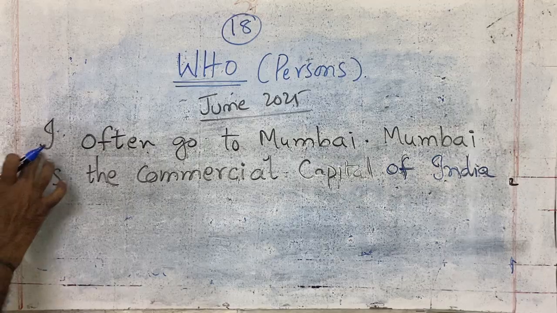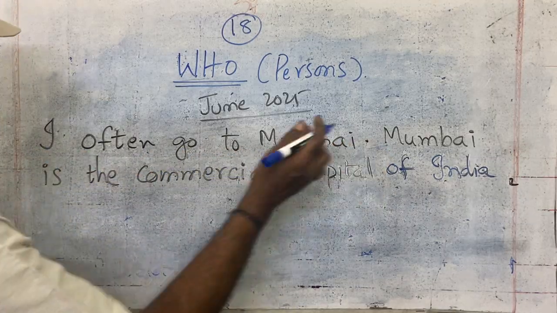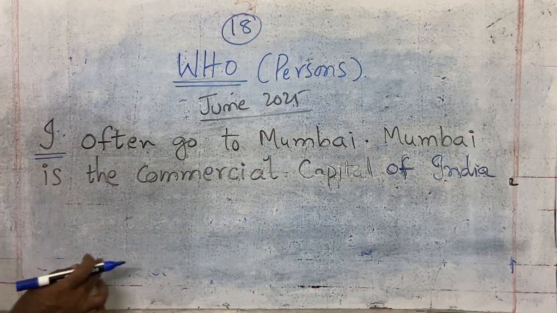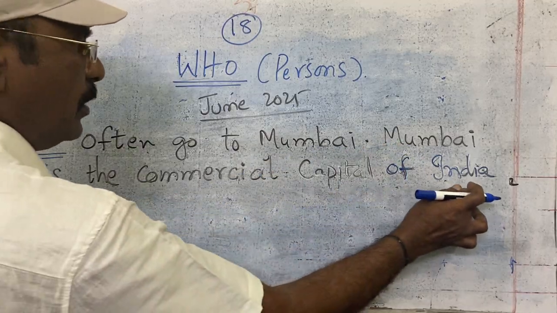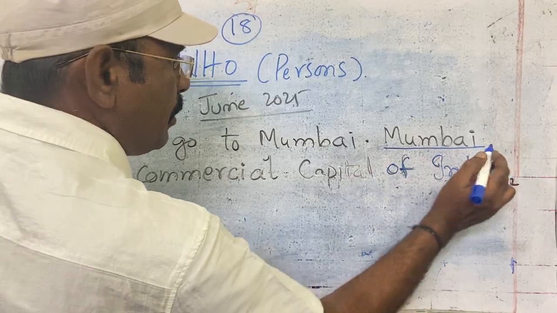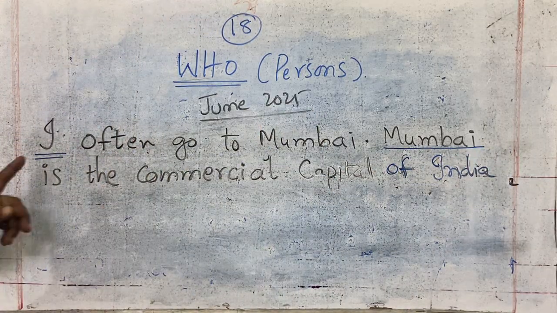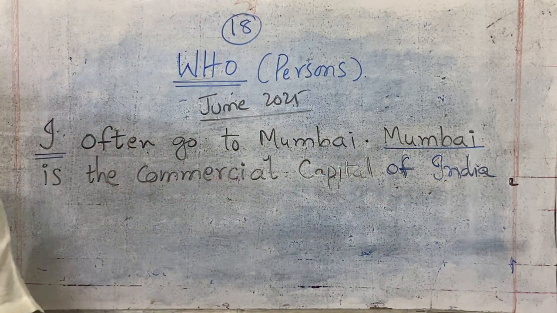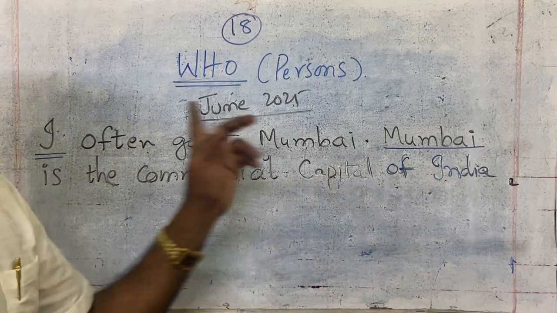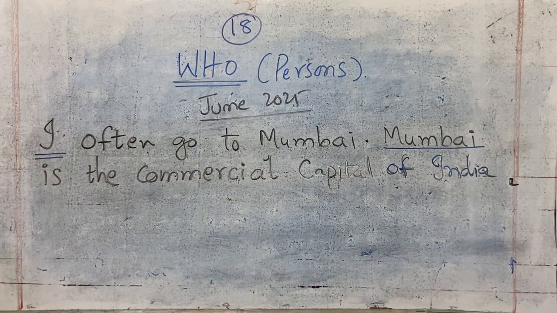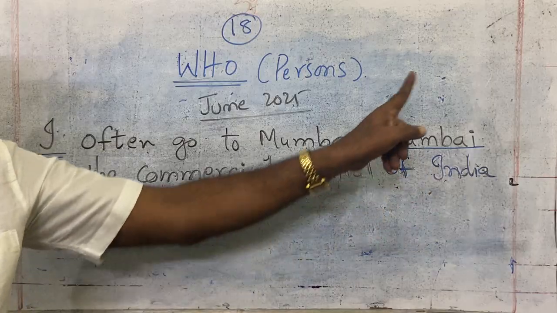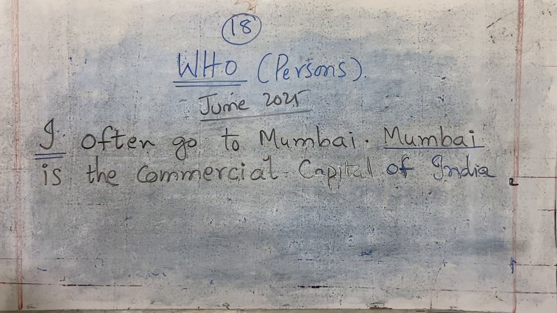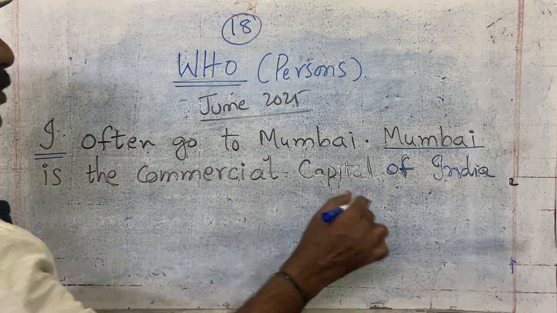In the first sentence, I often go to Mumbai, what is the subject? I. In the second sentence, Mumbai is the commercial capital of India, what is the subject here? Mumbai. So these are different subjects. When you find different subjects, almost always we take the conjunction in the second sentence itself. But here you have to use which.